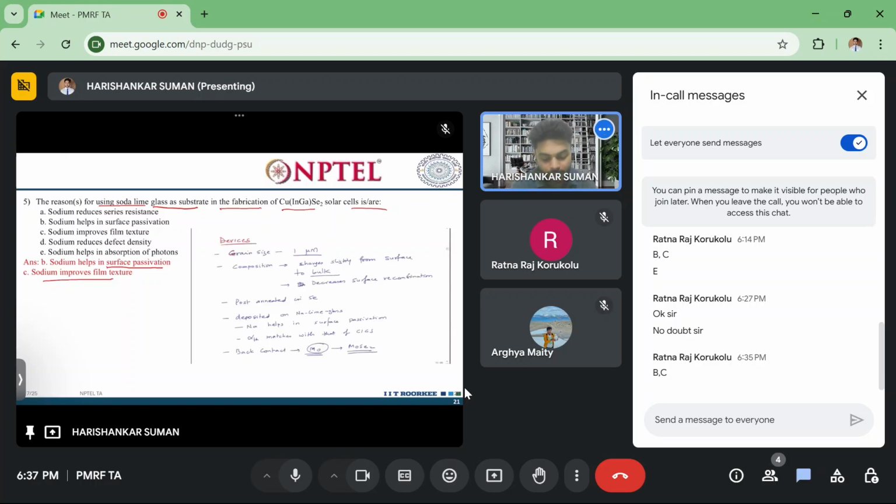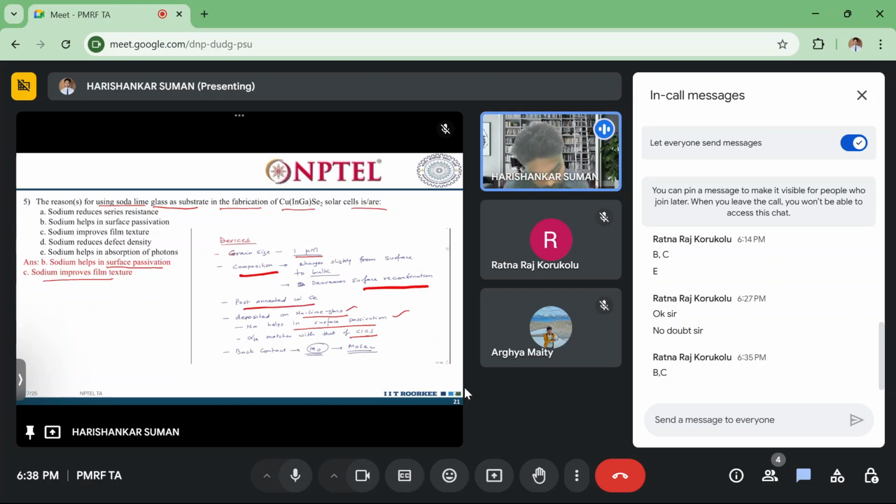Okay, so that's why soda lime glass is used as a substrate in the fabrication of copper indium gallium selenide solar cell. You can see from the lecture. Sodium helps the surface passivation, and the thermal expansion coefficient matches with the CIGS solar cell. Okay, so the grain size is 1 micrometer and the composition slides sharply from the surface to the bulk, decreasing surface reconstruction.